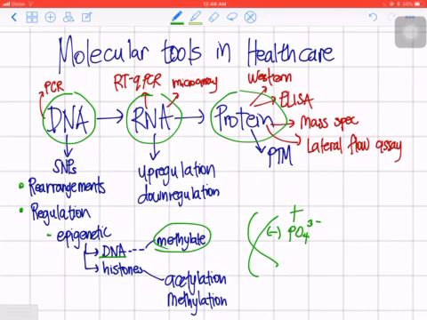Histone acetylation, on the other hand, okay, so you can also affect the expression of DNA at the level of the histone. So let's say this is your histone, okay, if you acetylate it, you're conferring negative charges to your histones.